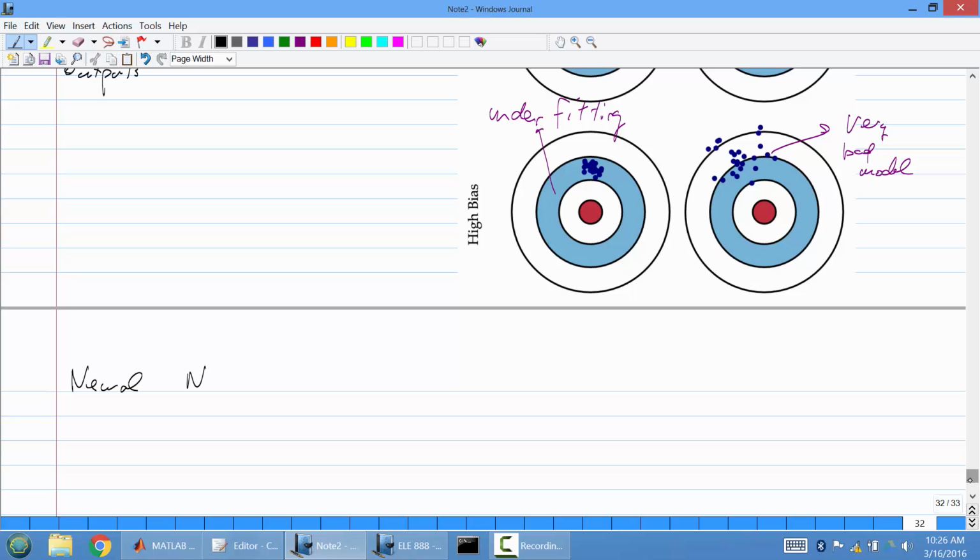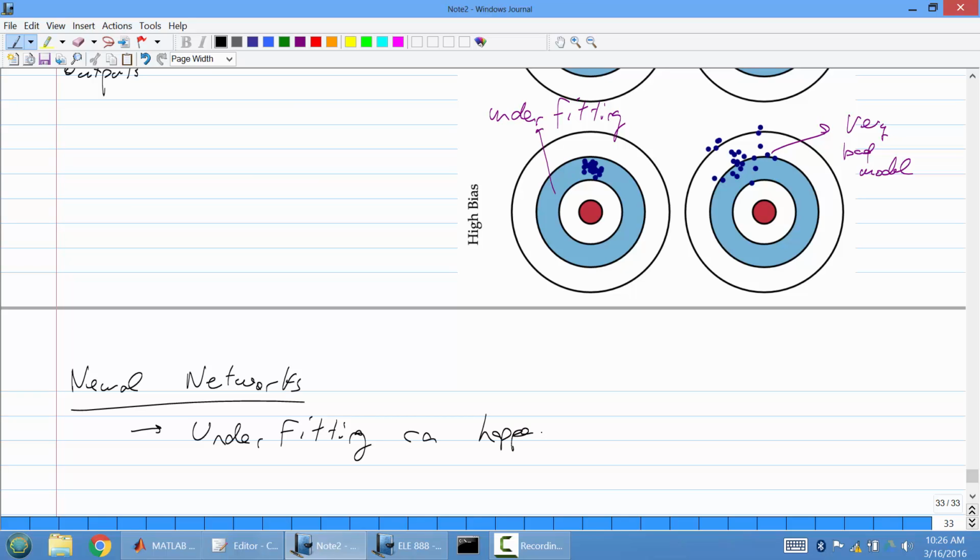Okay, so let's just detour to neural networks for a bit. Let me just write a slide about that. When you're underfitting in neural networks, what that is a symptom of is that you don't have enough neurons in the hidden layer. So underfitting can happen if there are very few neurons in the hidden layer.